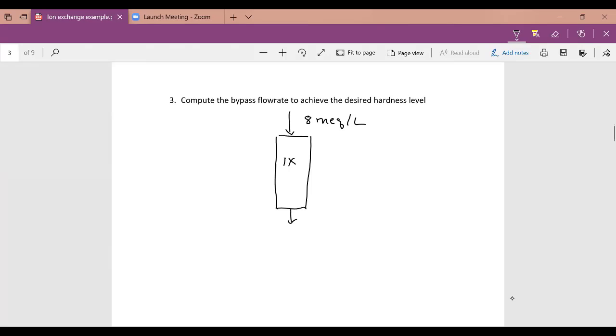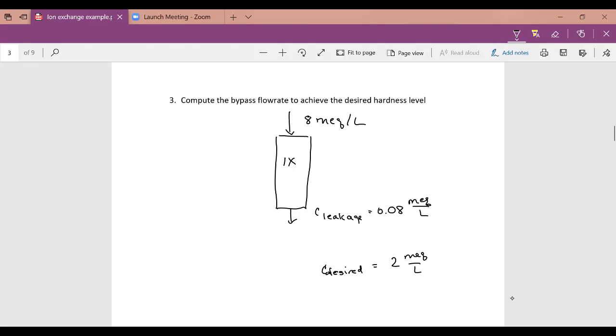That's what we desire. So what's leaving the column? It's our leakage. But what we want is that 2 milliequivalents per liter. So what are we going to do to achieve a desired concentration of 2 milliequivalents per liter? What can we do? What's entering is 8. What's leaving the column is the leakage. What we desire is 2. Could we bypass some of it?